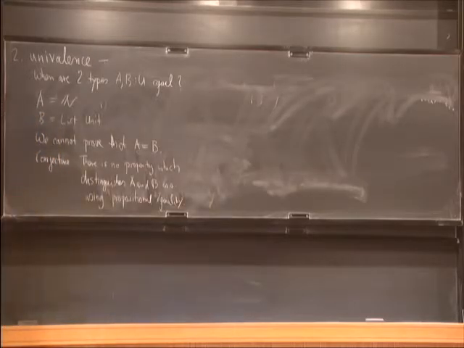So I think that can be shown with the groupoid model, but I haven't checked the details. But I mean, you can try, and certainly empirically, that seems to be the case.